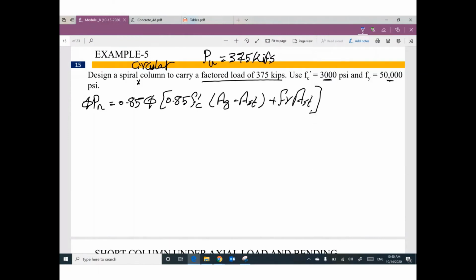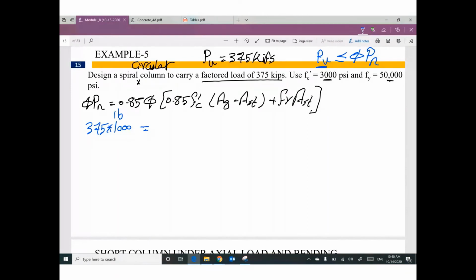Your design philosophy is to make P ultimate smaller than or equal to the design capacity of the column. If you would like to design from scratch, I'm going to assume P ultimate equal phi Pn. So this side will be 375 times 1000 to be in pounds.